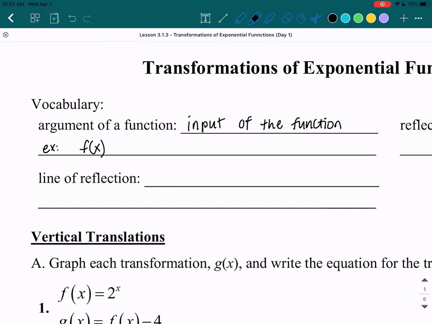You could use g of x, f of x, whatever letter you want, but in our case, the most standard one is f of x. In f of x, the argument is x, because it's literally the thing that the function takes in. It's the input, it's the x value, it's the thing that you plug in to your function. So arguments of a function is simply just the input of a function.